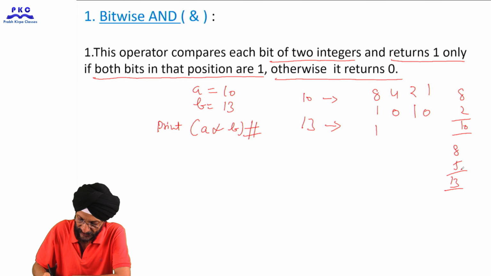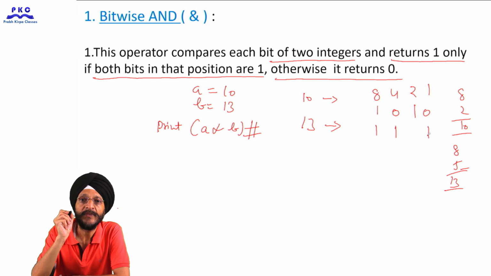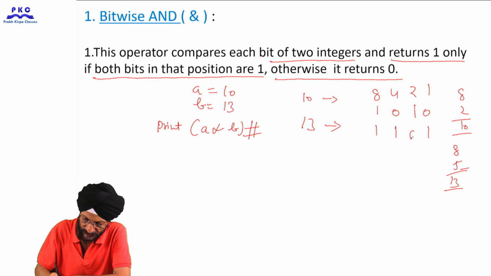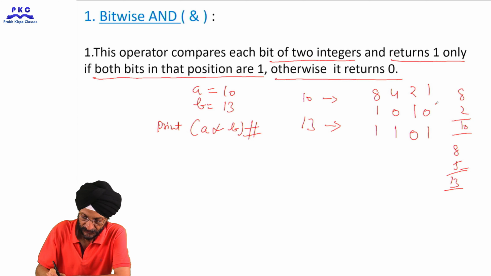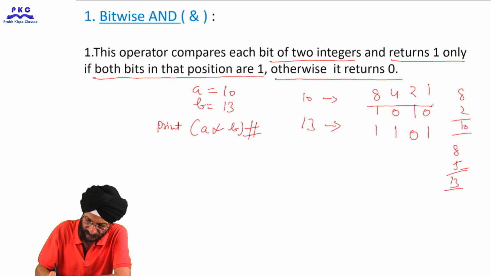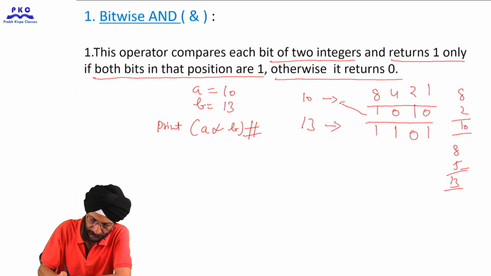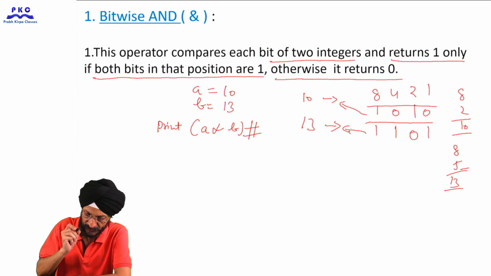How can we get the balance 5? 4 plus 1. On the others we will write 0. So these are the binary numbers of 10 and 13.